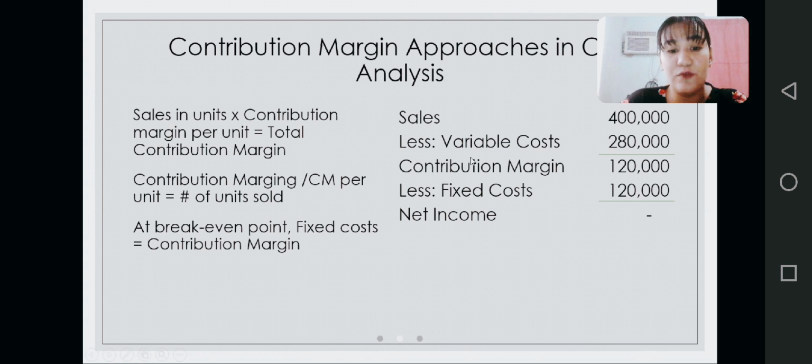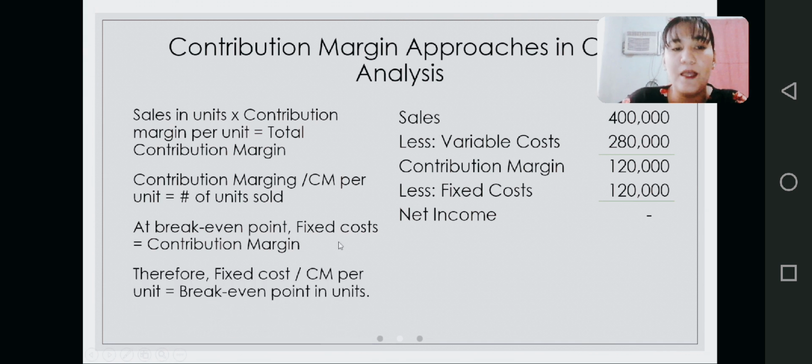So that is true because here your contribution margin is equal to your fixed cost at break-even point. Therefore, we can conclude that the formula in break-even point is fixed cost divided by contribution margin per unit in units. So that ends my presentation.